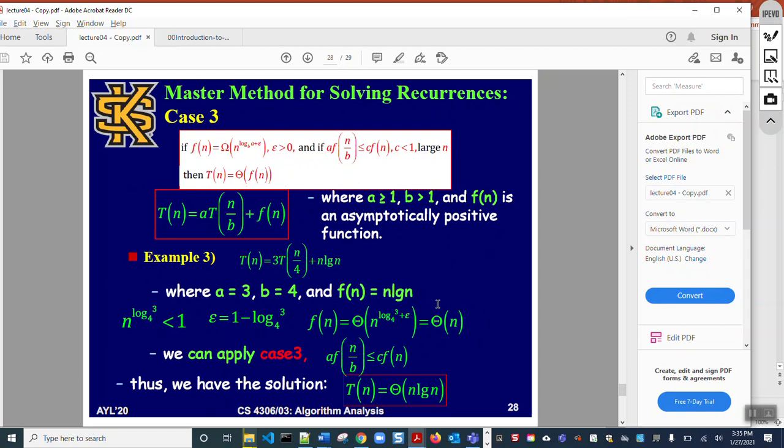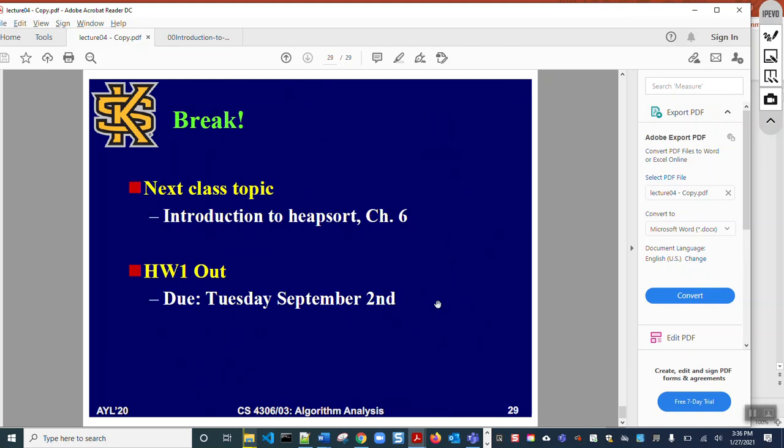Okay, so that's all, and in week 3 we will discuss heap sort.